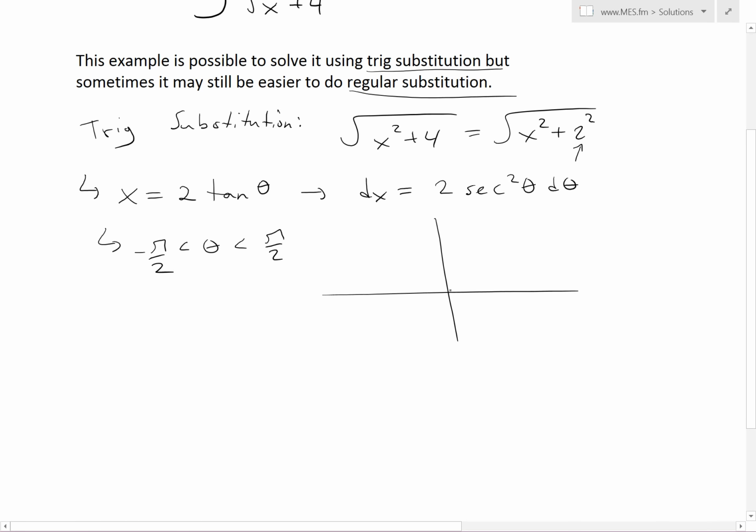So in this case, tan looks something like this, and these points are pi over 2 and negative pi over 2. This is our theta, and that's our tan theta.